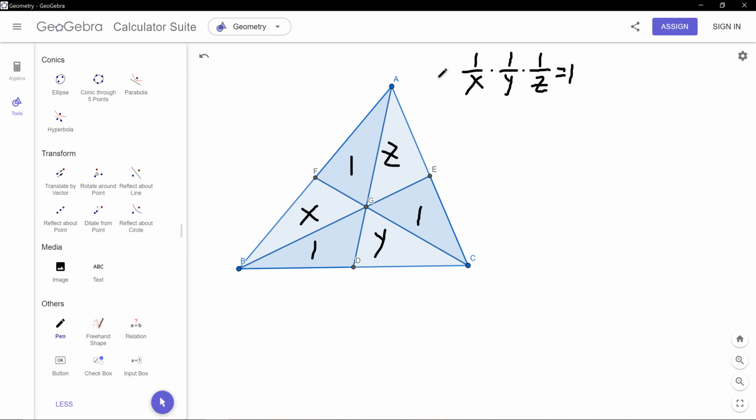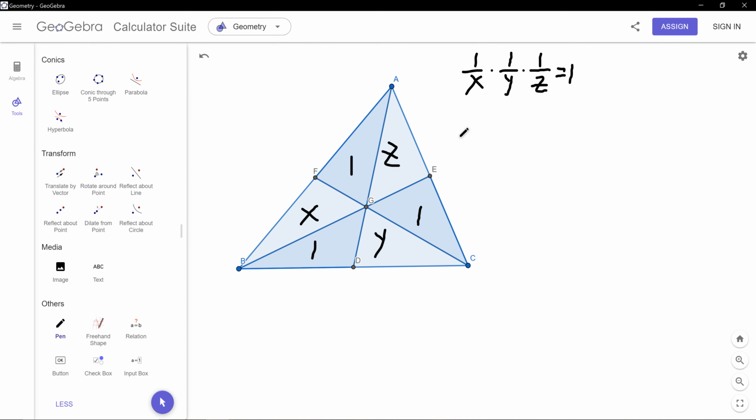But this basically tells us nothing, so let's figure out something else. Let's look at AF to FB first.